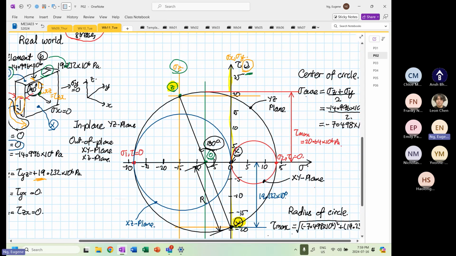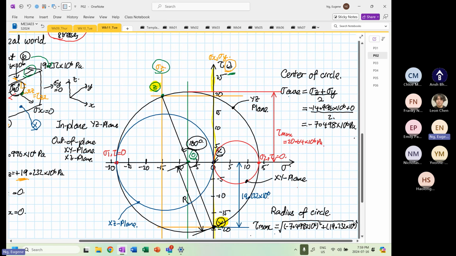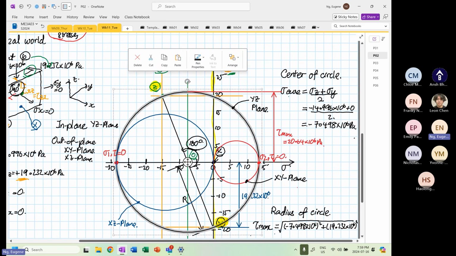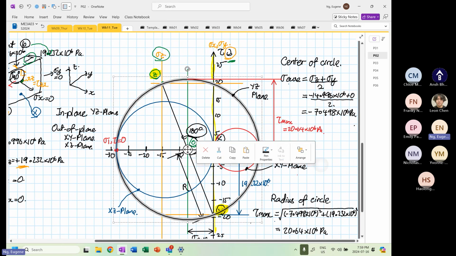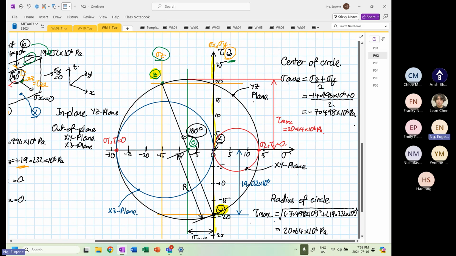Okay. So the YZ plane, over here, this is what we call our in plane. And the other two are out of plane. And while doing 3D Mohr's circle, I'll tell you why this is important. Okay. So for now, we go for a 5 minute break and we come back again.